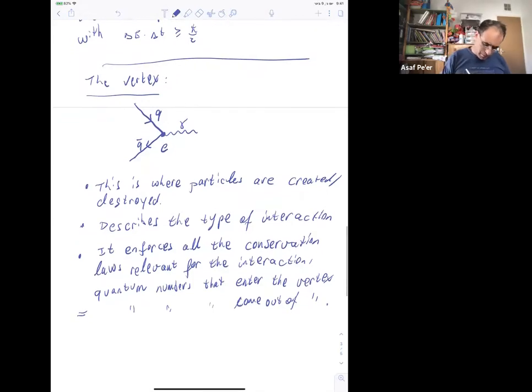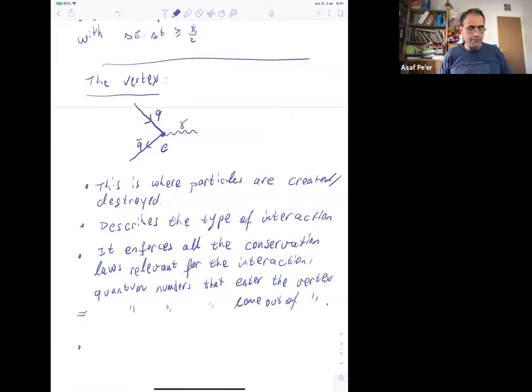Now, I said that we really have a perturbation theory. So we have an infinite number of Feynman diagrams, which in principle we need to consider. But it's a perturbation, so each one has an order.